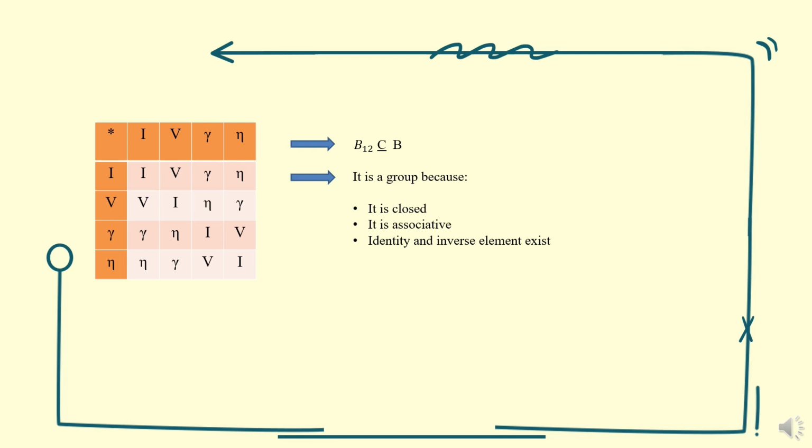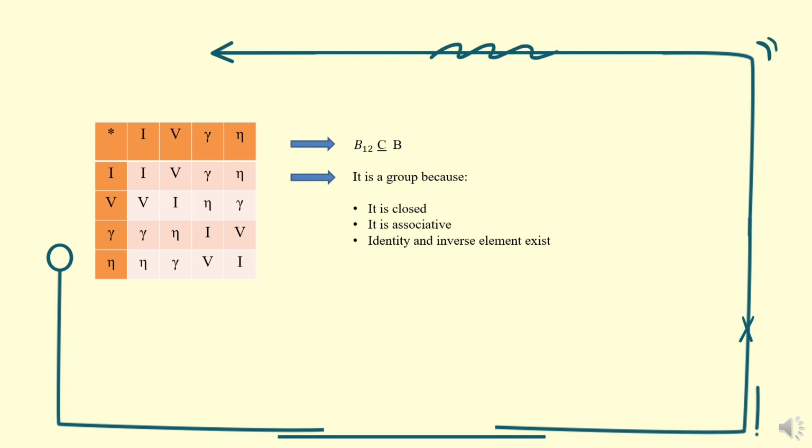Yes, because the identity element, Roman numeral 1, is placed diagonally in this table. So, in that way, we can say that the inverse element in this table is itself because the identity element is placed diagonally.